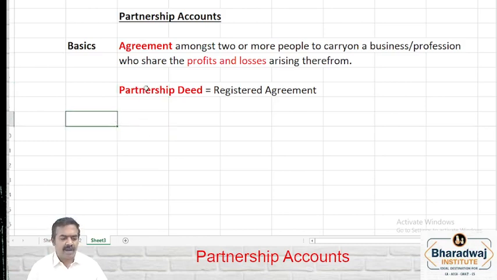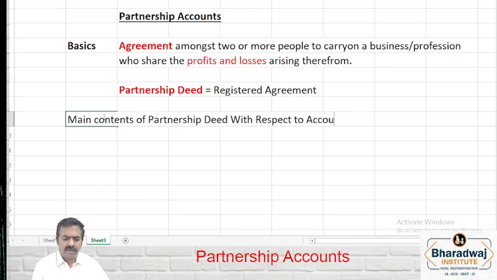Then, what will a partnership deed contain? What are the main contents of a partnership deed? I'm not going for a legal meaning or legal contents.